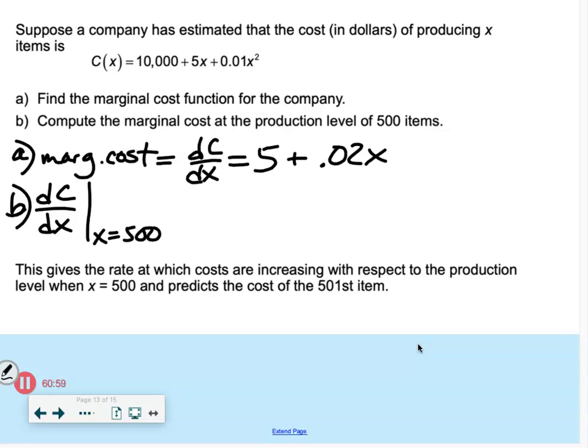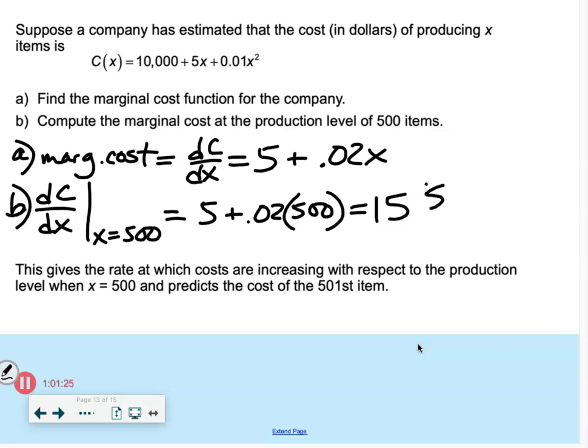So you're plugging in 500 for your x, so it'd be 5 plus 0.02 times 500. Well, 0.02 times 100 is 2, 2 times 5 is 10, so we get 15. We need units.